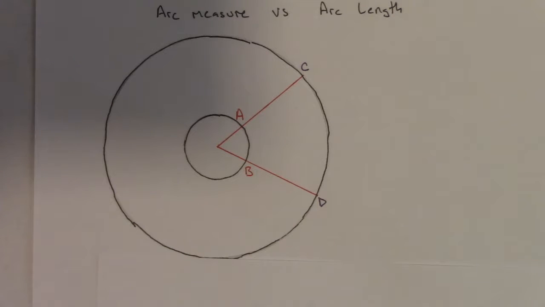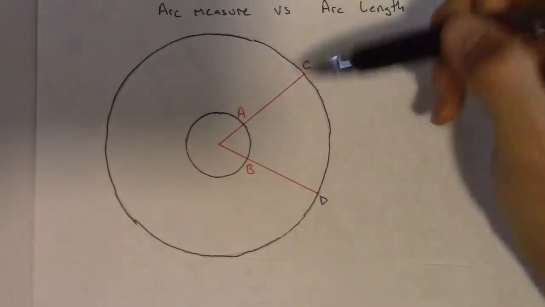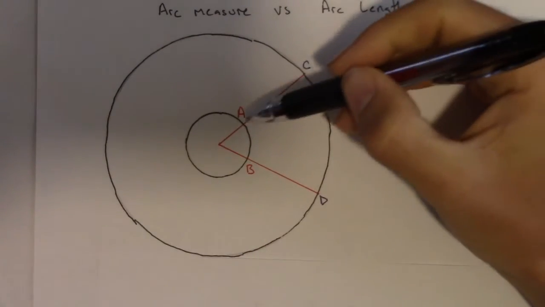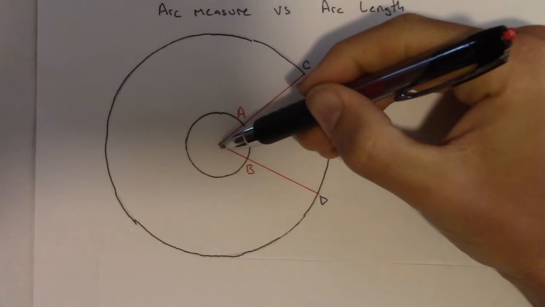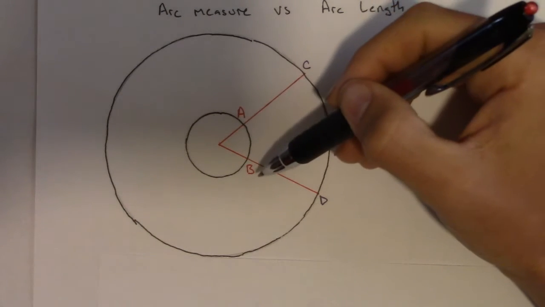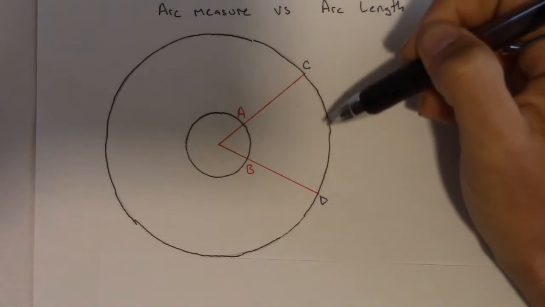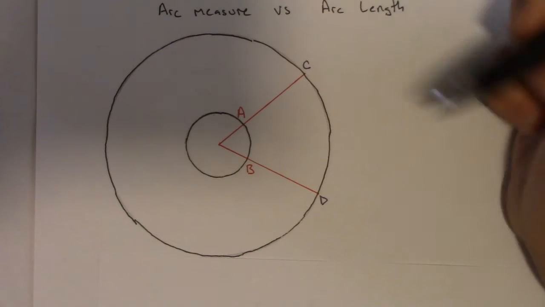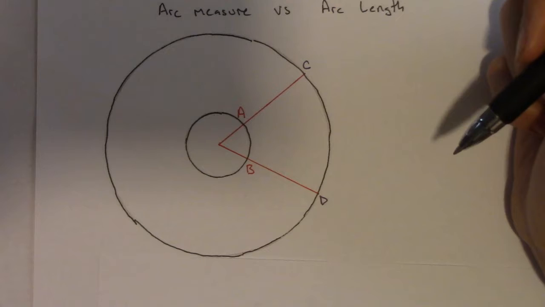We know that based on the fact that this angle in red is a central angle, the vertex on the center, then that means the degree measure of arc AB and the degree measure of CD must be the same.